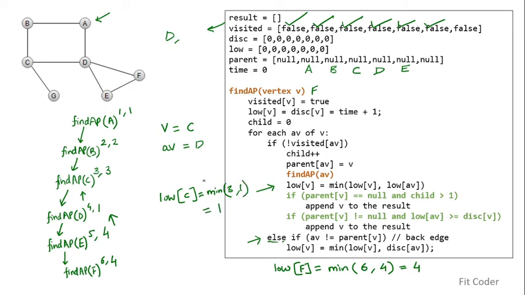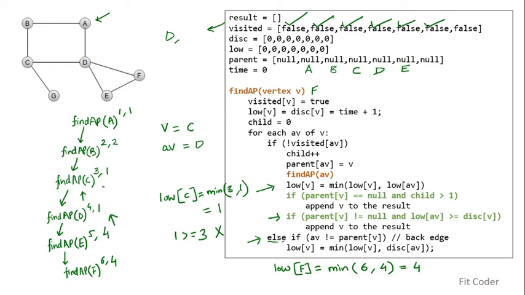So it is 1, and we reassign low of C to 1. And we come in this if condition: parent of C is present, so this condition does not hold true. We come to the next if condition. We check low of AV, so low of D is 1, and the discovery time of C is 3. So this does not hold true, and we do not do anything.